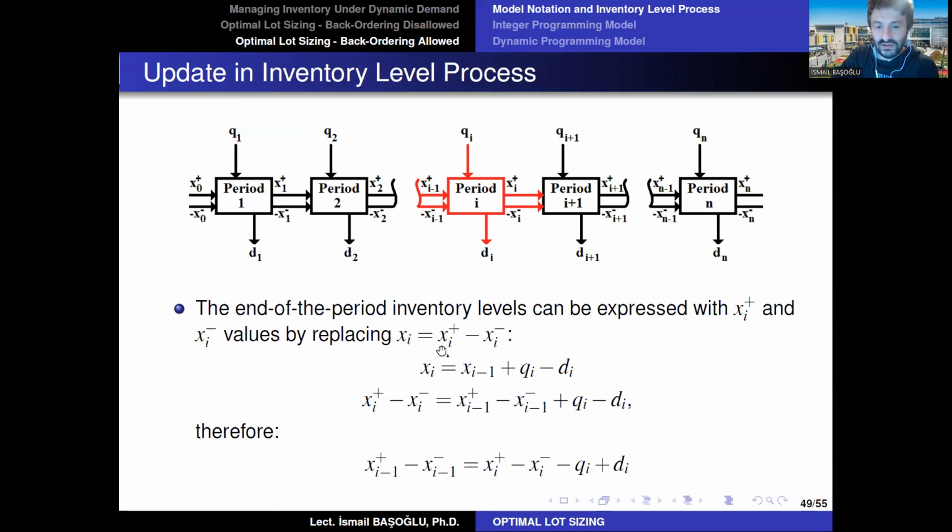It depends whether this or the second one is positive. Now, the ending inventory level of the previous period plus the order quantity minus the demand of the period determines the ending inventory level of the ith period, as you can see. So we say that the ith period ending inventory level, which is expressed as the summation of the positive inventory level and the backordered amount, is equal to the ending inventory level of the previous period plus the order quantity minus the demand.